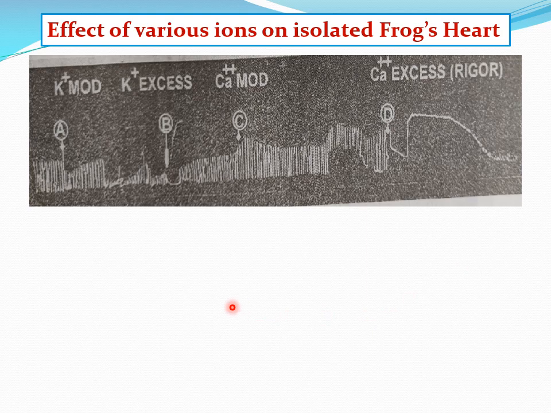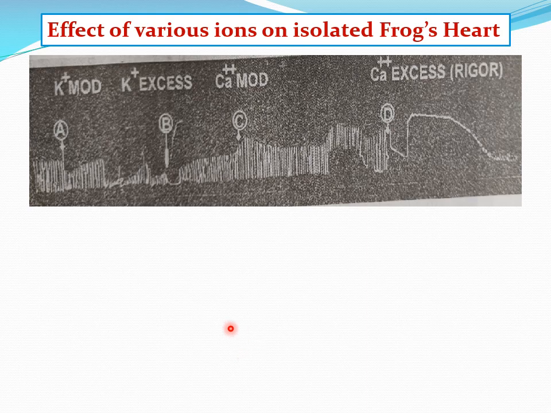It is the effect of ions on isolated frog's heart. Okay, so students, this is the last cardiac graph, and this graph is the last graph under this experimental practical.